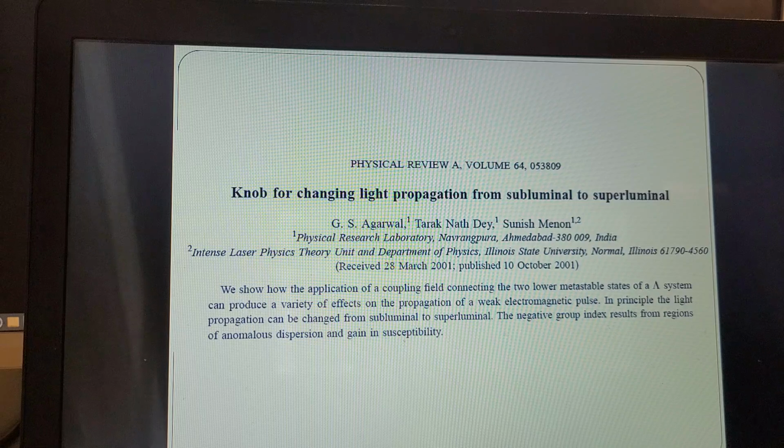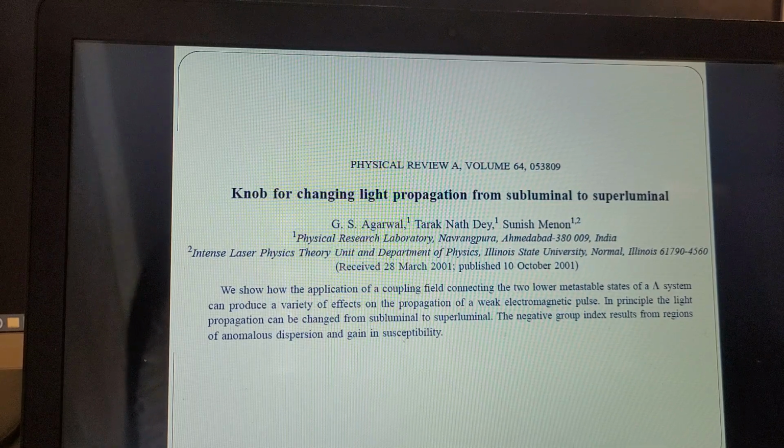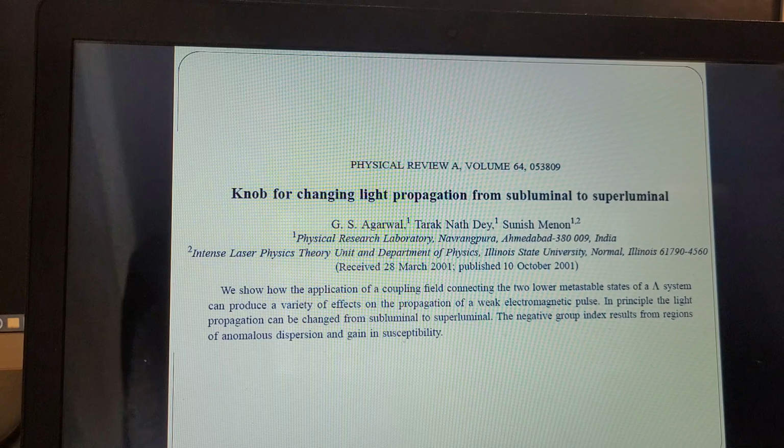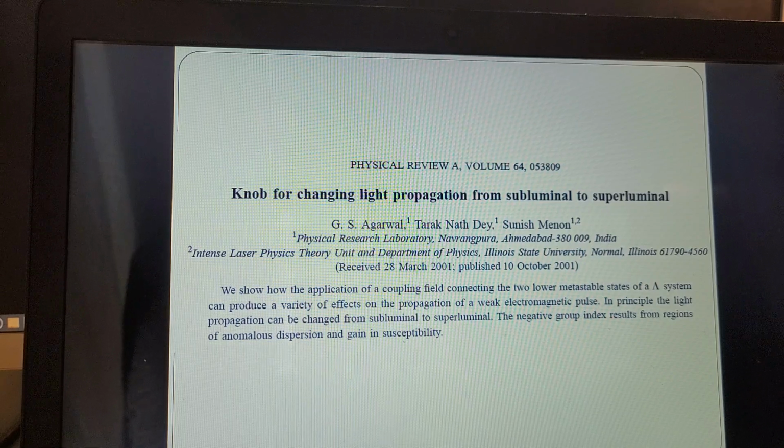In another paper in 2001, Agarwal and his co-workers, his colleagues, showed that there is a change in light propagation from subluminal to superluminal.